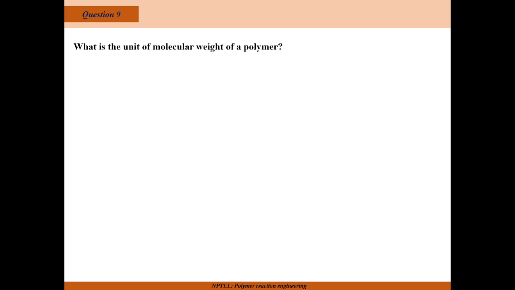So what is the unit of molecular weight in a polymer? I know this is a very fundamental question, but still, what is the unit of molecular weight in polymers?